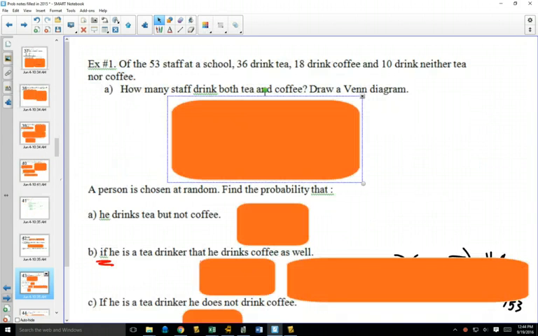Sometimes conditional probability is really easy to see, especially if you have a Venn diagram or a chart to work with. So here we have 53 staff at school, 36 drink tea, 18 drink coffee, and 10 drink neither. So we can draw a Venn diagram to represent this whole thing.